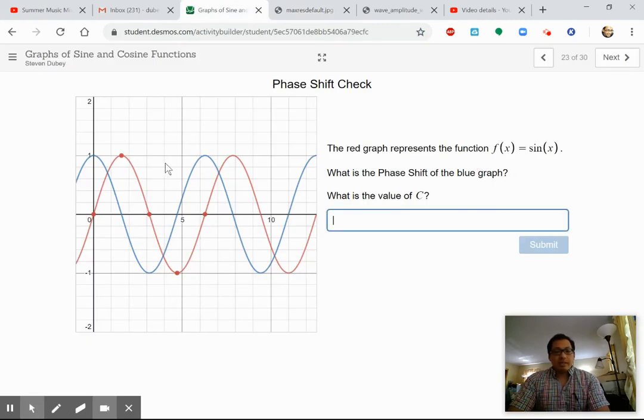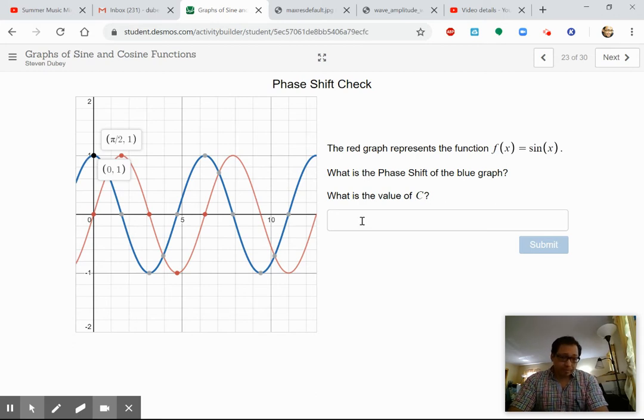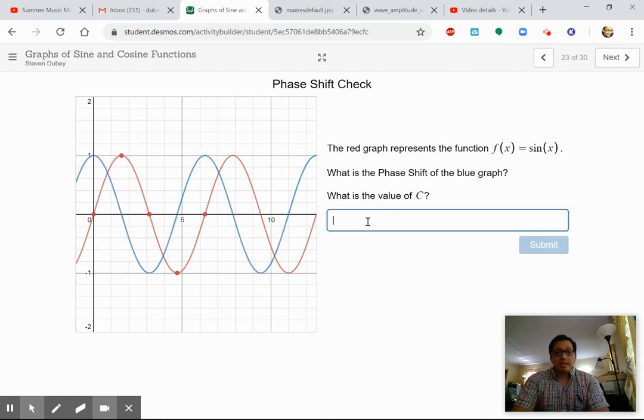Hopefully you notice that c is, let's see, you can click on these points. The blue graph is shifted to the left by pi over 2, which means that the phase shift is to the left by pi over 2.